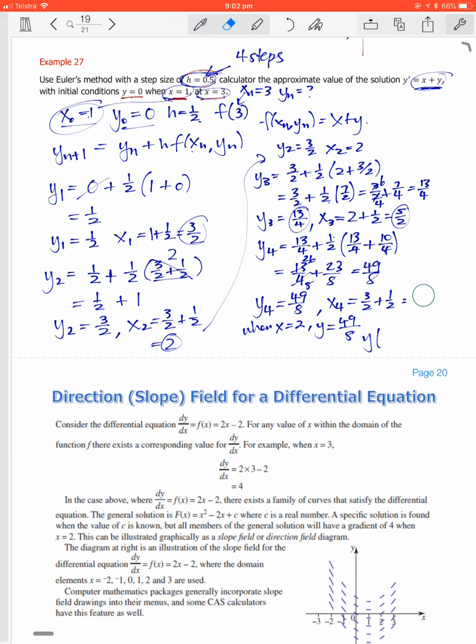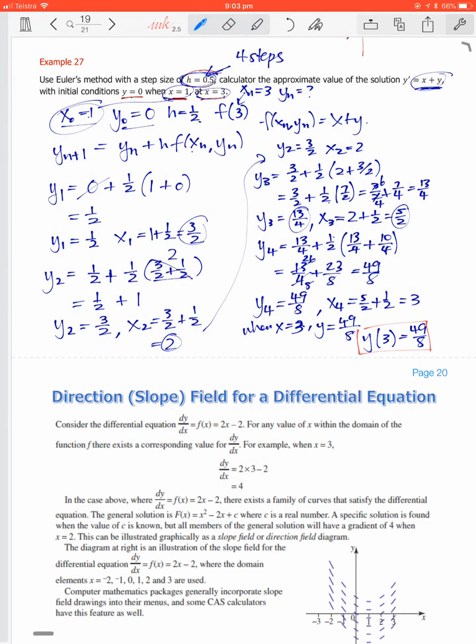Sorry, that's 3. What a stuff up. How did I do that? Oh, my last x value is 5 on 2. So this value here is 5 on 2 plus a half, which is 3. So when x equals 3, y equals 49 on 8. So y of 3 is approximately 49 on 8.